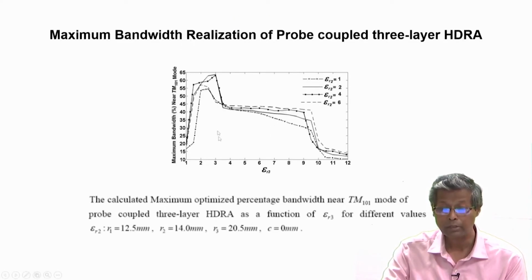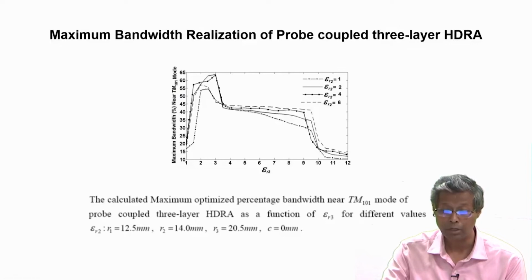So we see that the maximum bandwidth of about 63% or so is achieved at epsilon r2 equal to 4 and epsilon r3 equal to 3.